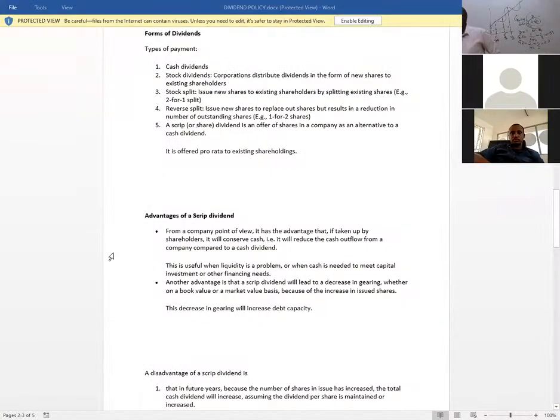So we are told that the first advantage here is that we are conserving cash. The second advantage is a decrease in gearing.